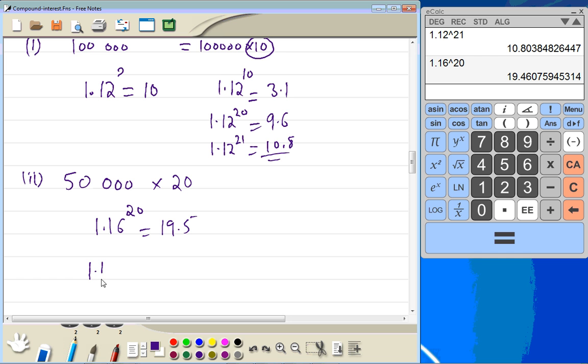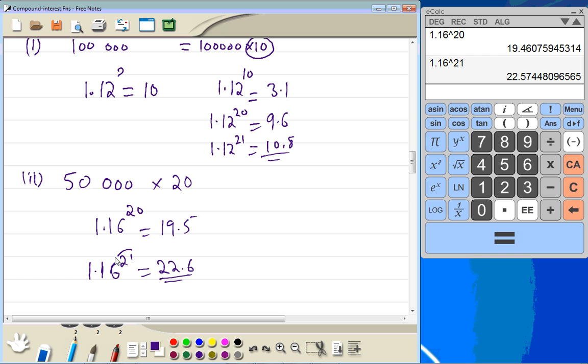So 1.16 to the power 21, this is 22, which is more than enough.